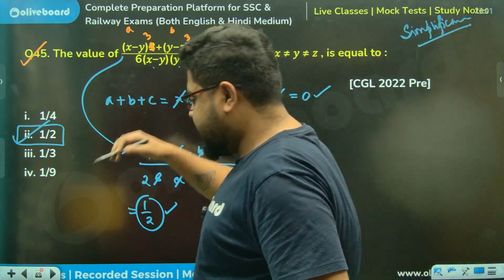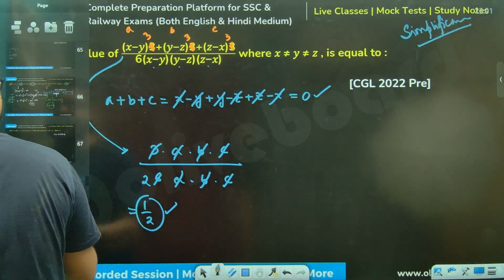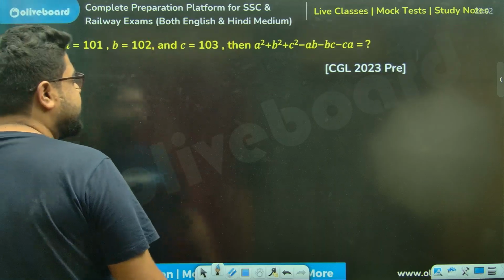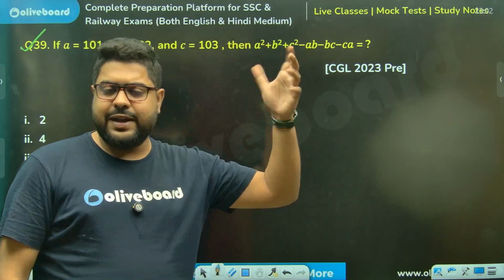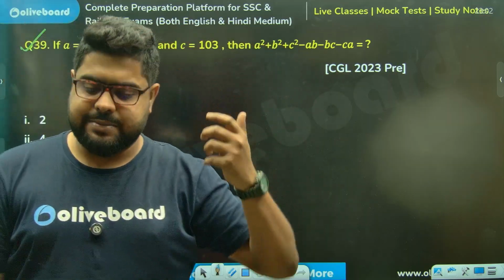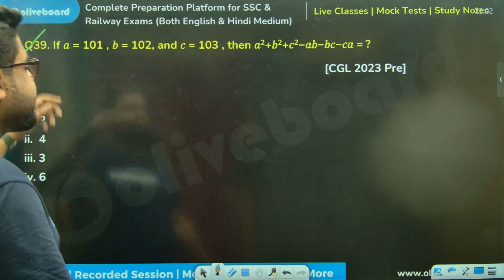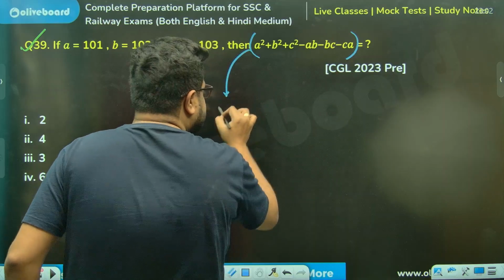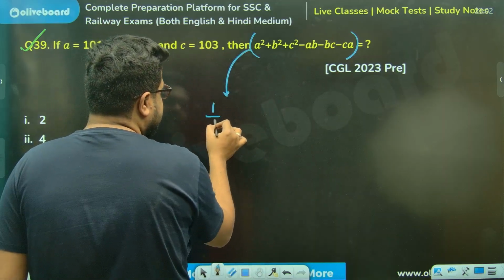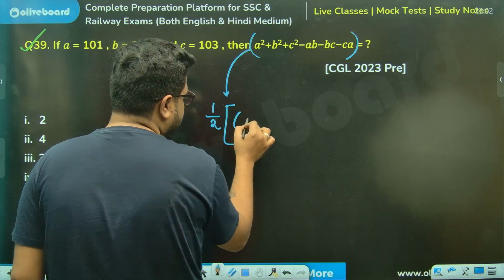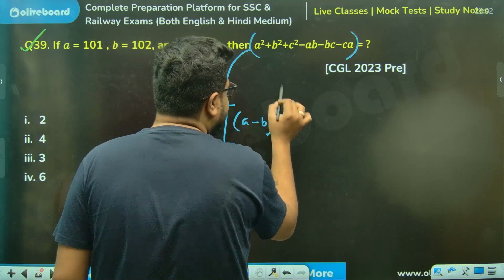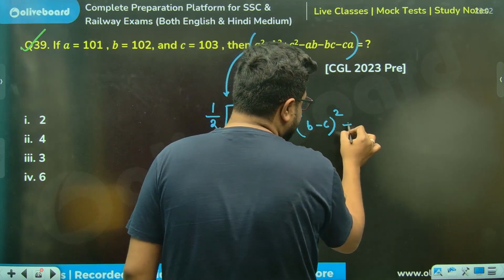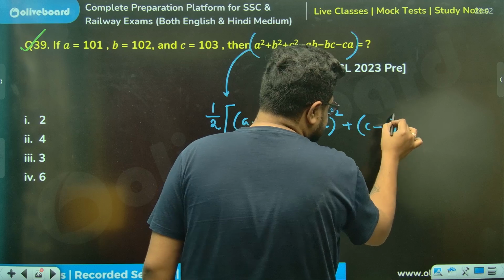Now, the last question which I had already started. This is a kind of intersection between simplification and algebra. You can say both. This part is 1 by 2 into (a minus b) whole square plus (b minus c) whole square plus (c minus a) whole square.